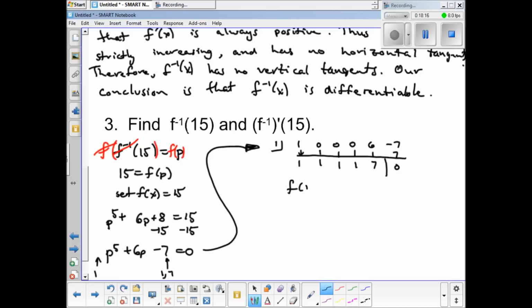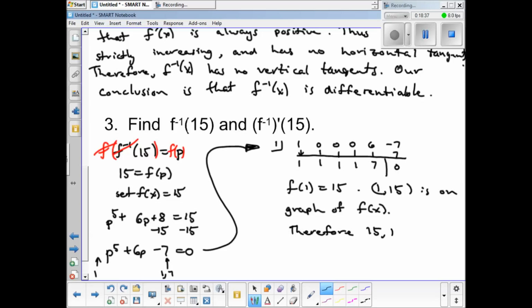Okay, so f of 1 equals 15. This means that 1 comma 15 is on the graph of f of x. Okay, therefore, 15 comma 1 is on the graph of the inverse.